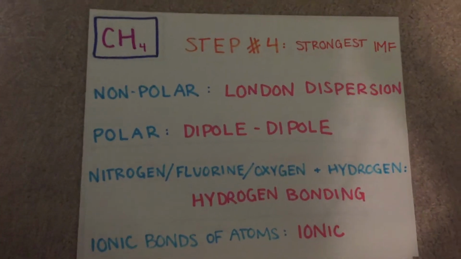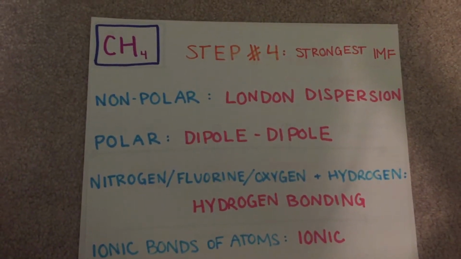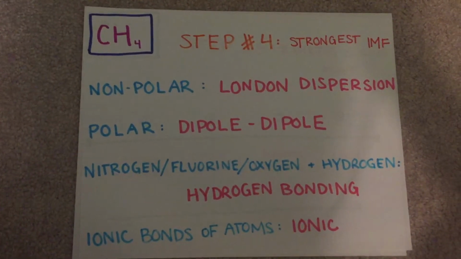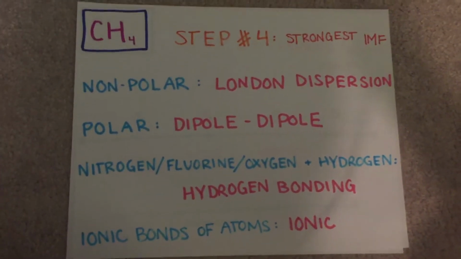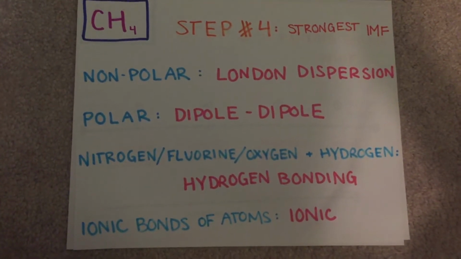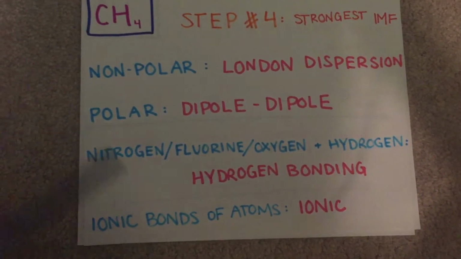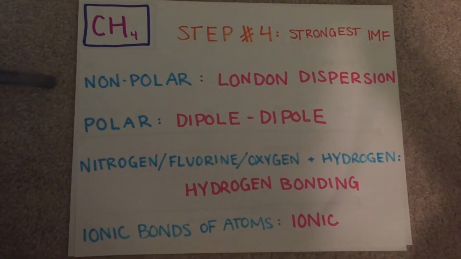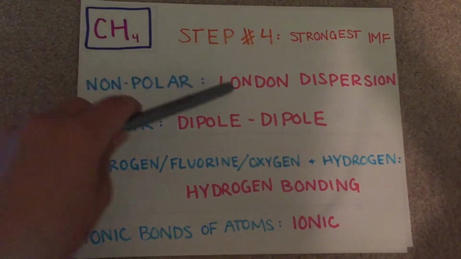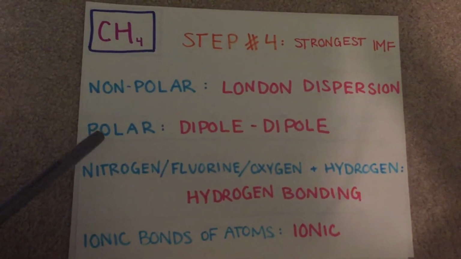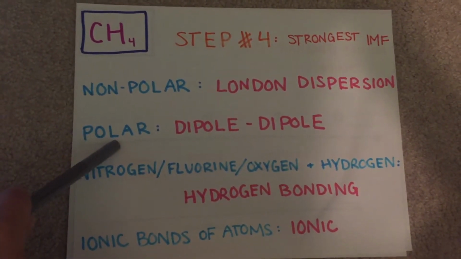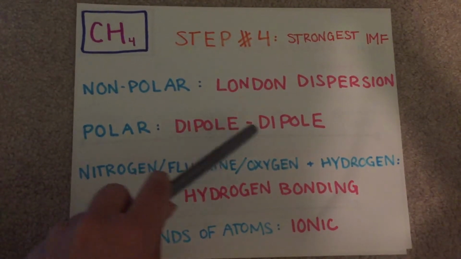Our next step, step 4, is to decide what the strongest IMF is for each compound. Just like step 3, these are just rules that you're going to have to memorize and know. There are 4 of them. If the compound is non-polar, the strongest IMF is going to be London dispersion. If it is a polar compound, the strongest IMF is going to be dipole-dipole.